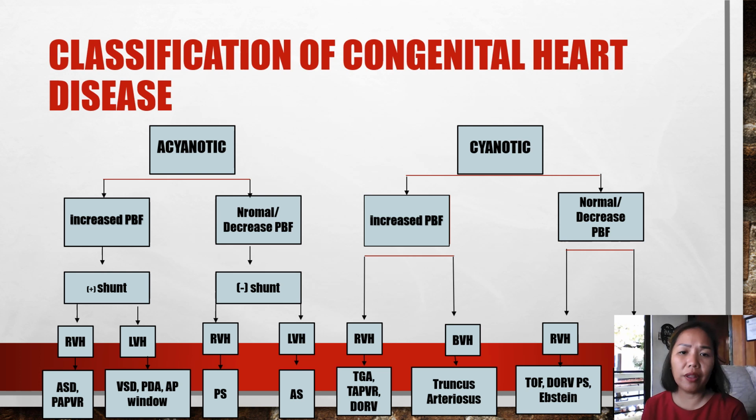If you are dealing with a cyanotic cardiac lesion with normal or decreased pulmonary vascular markings, most probably you are dealing with an obstructive lesion such as pulmonary stenosis and aortic stenosis.